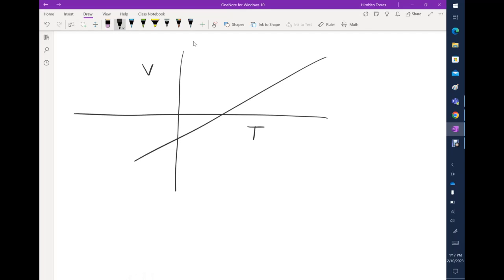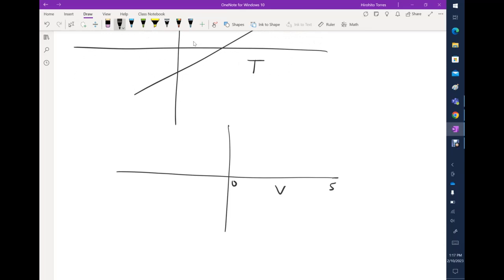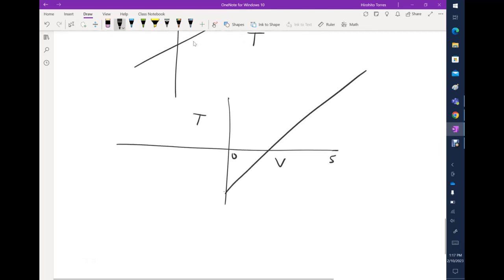Let me do the voltage between 0 and 5 volts on this scale so that it looks better, and that's the temperature. See, the graph makes more sense if I do temperature versus voltage. Never mind, it's a linear curve.